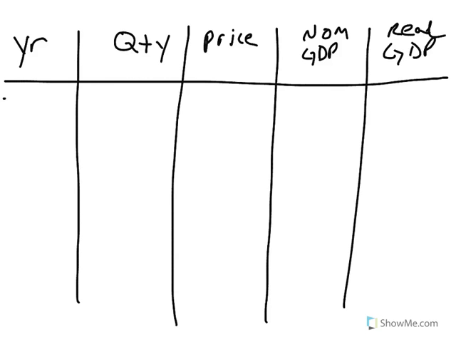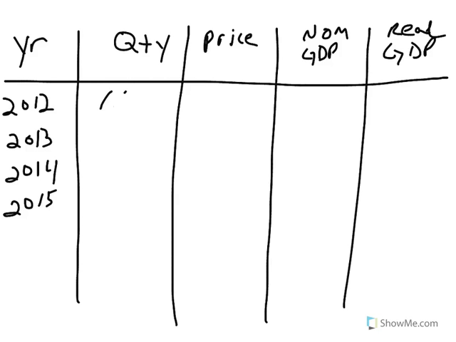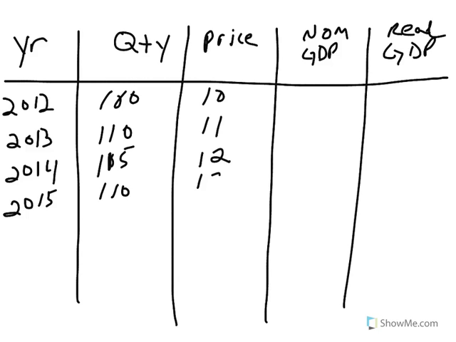So let's take our example out a couple more years, from 2012 to 2013 to 2014 and all the way up to 2015, where we had quantities of 100, 110, let's say 115, and 110 in 2015, at prices of 10, 11, 12, 13.